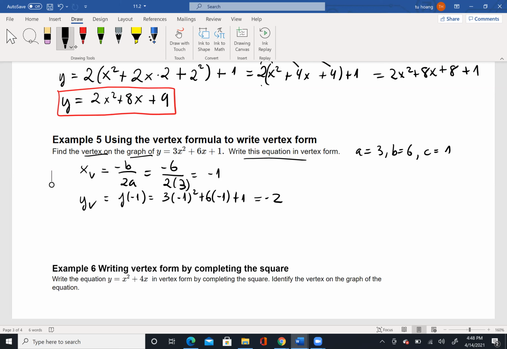So remember that the vertex is negative 1 and negative 2. In the format h and k, h is going to be negative 1, k equal to negative 2.